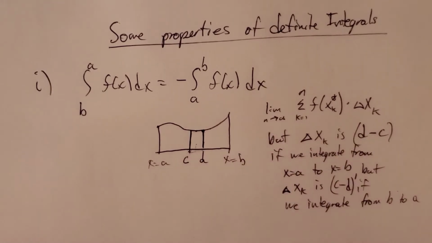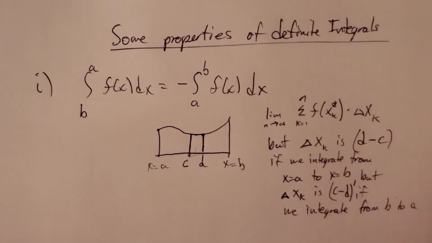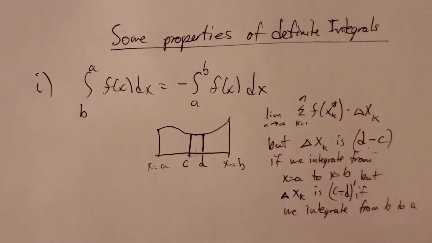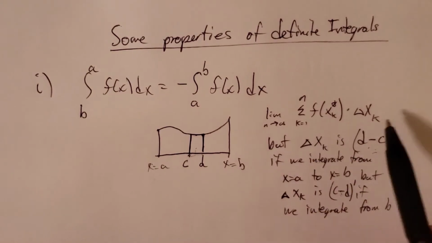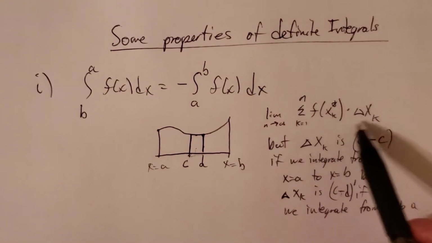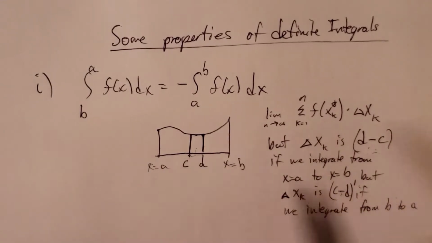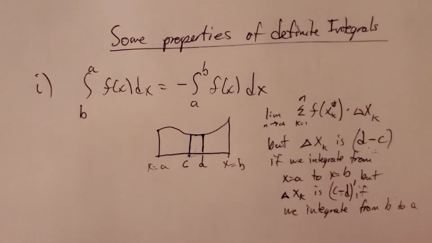And so when we do this calculation, the width of the rectangle is going to end up becoming a negative of what it was before if we integrate the other direction. The height is going to be the same thing. So each of these terms, if we integrate the other direction, is just going to be the negative of the forward direction, which tells us that the sum is just going to be the negative of the original sum.